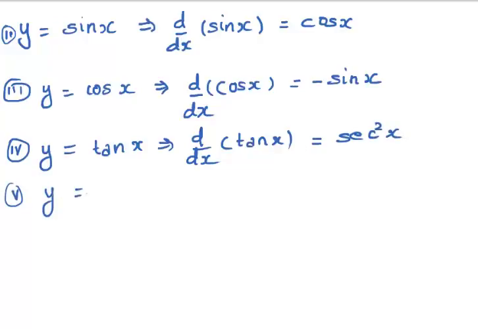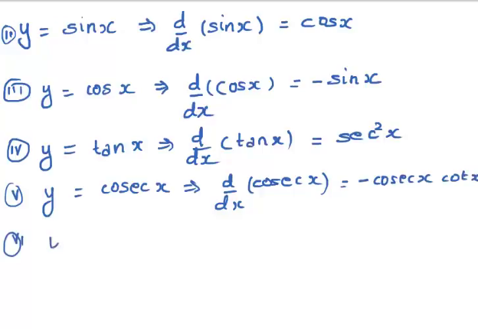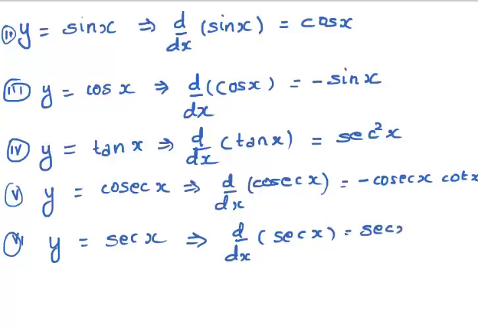If y is equal to, let's say, cosec of x, then its differentiation of cosec x is equal to minus cosec x into cot x. If y is equal to, let's say, sec of x, then differentiation of sec x you need to memorize is simply sec x into tan x.